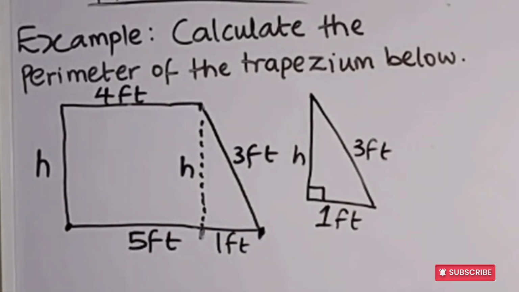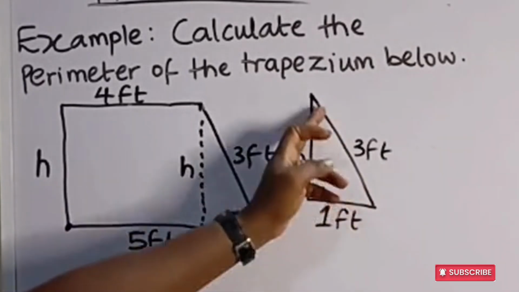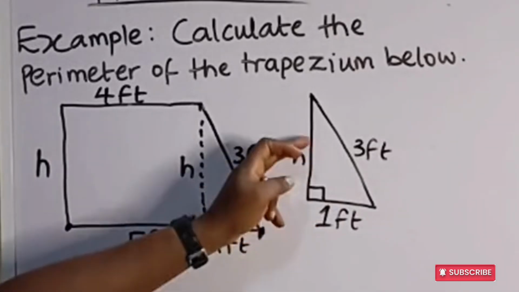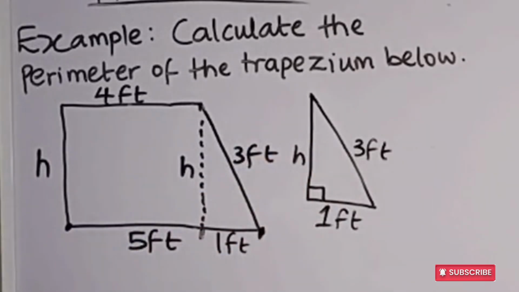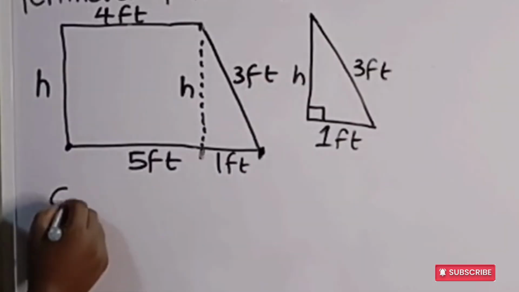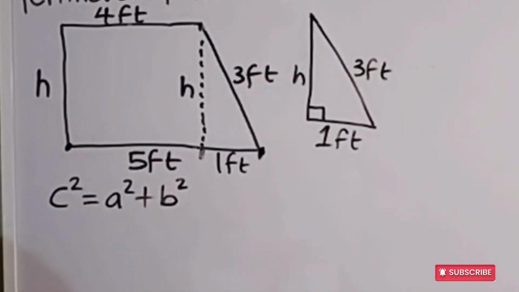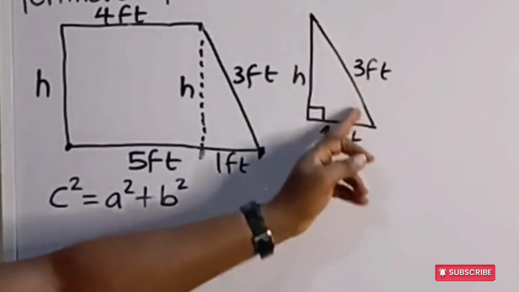So now we can find h using Pythagoras theorem. Pythagoras theorem states that c squared is equal to a squared plus b squared. So c is always the slant height.